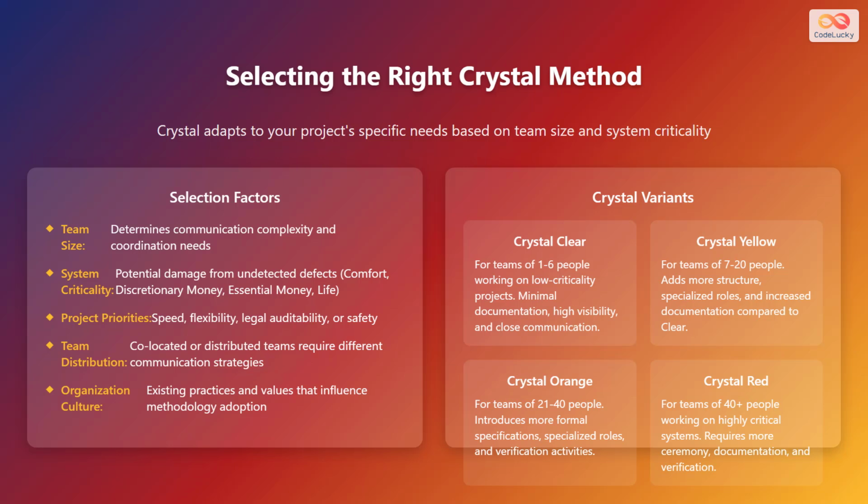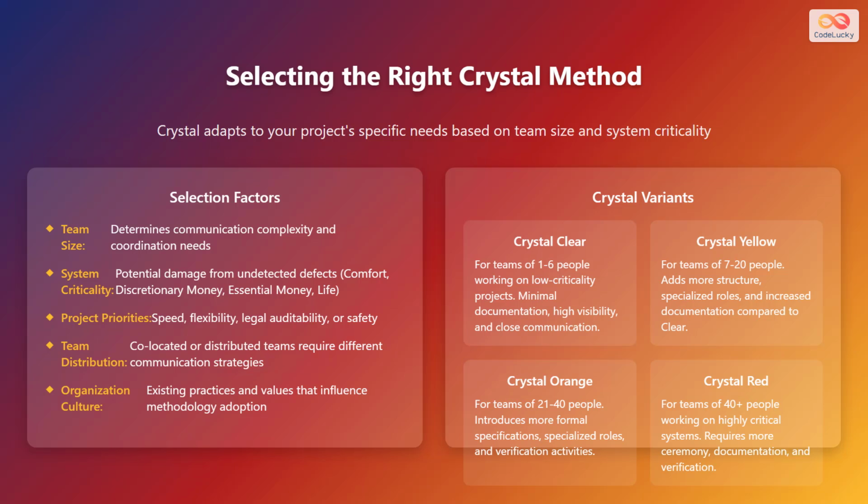Project priorities such as speed, flexibility, legal auditability, or safety also play a role. Team distribution, whether co-located or distributed, requires different communication strategies. Finally, organizational culture, including existing practices and values, influences methodology adoption.